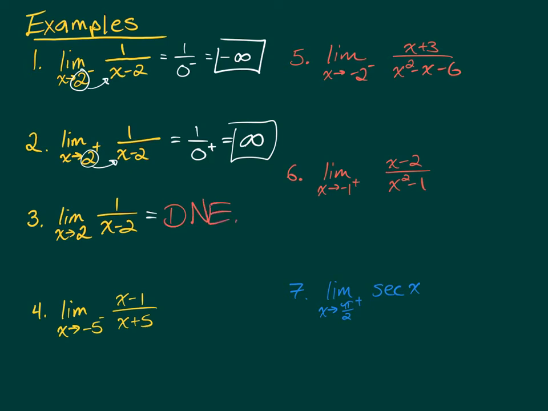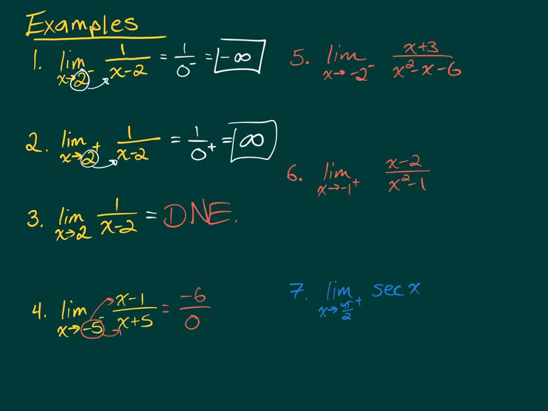All right, in the fourth example, the limit as x approaches negative 5 from the left. So we can substitute the negative 5 directly in for these x's. And in the numerator, that's no problem. In the numerator, that gives you a negative 6 over, and in the denominator, you end up with a 0.